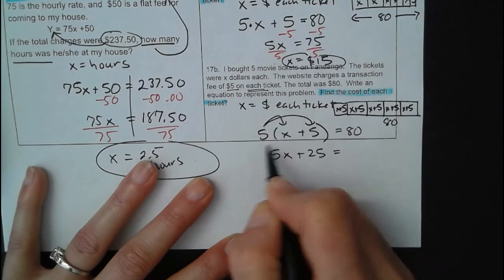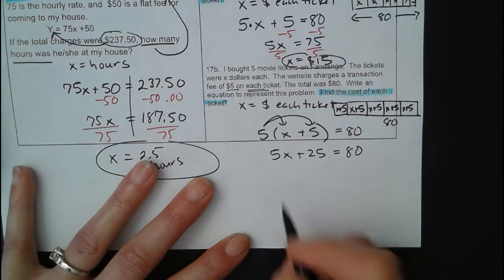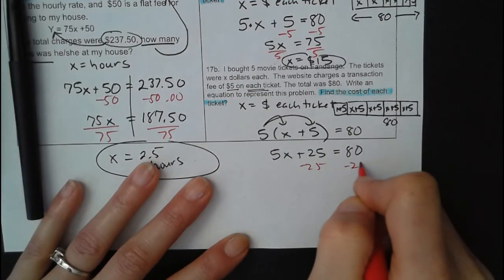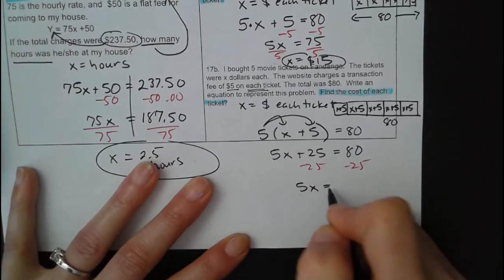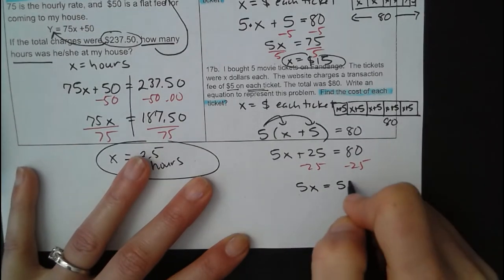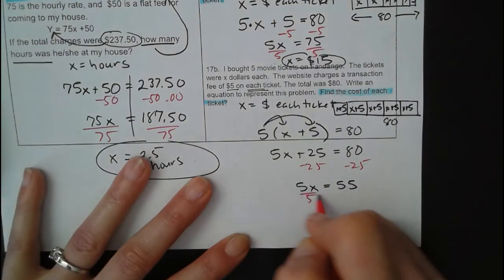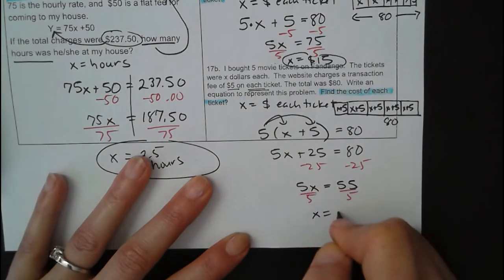Each of the 5 tickets has a $5 transaction fee. And then you would subtract. And we find that the 5 tickets were only $55 this time. So in this case, the tickets were a little bit cheaper, but the transaction fees were even more.